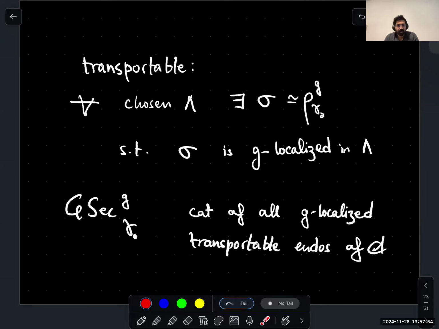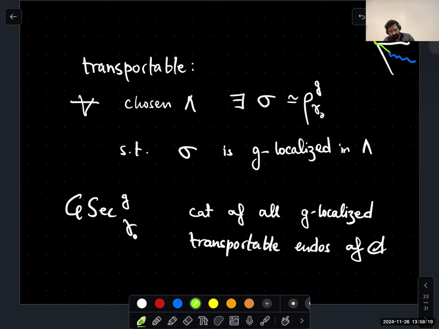And then transportability means exactly the same thing, in the sense that if you choose a different cone, lambda prime or something like that over here, then there exists something else that is hidden away in lambda, like this.